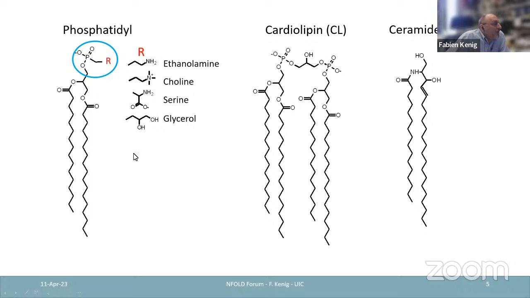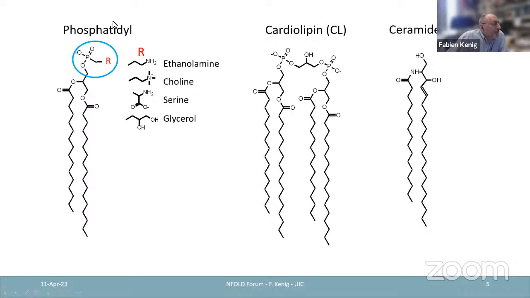What is important to note is that the differences between these heads change the properties of the molecule and its ability to work with the membrane, and we will be interested in both changes.